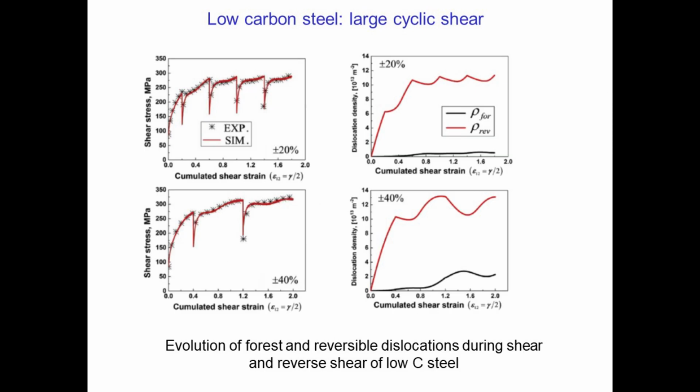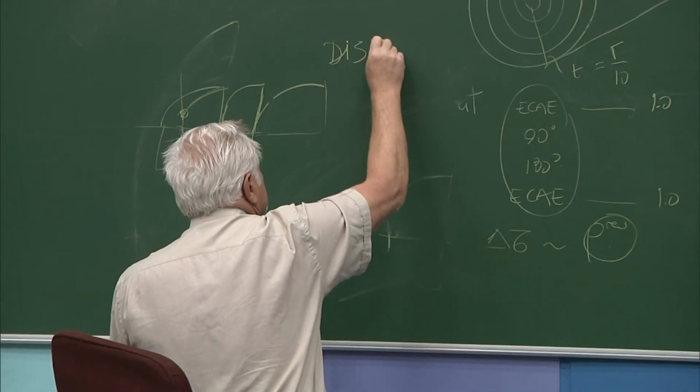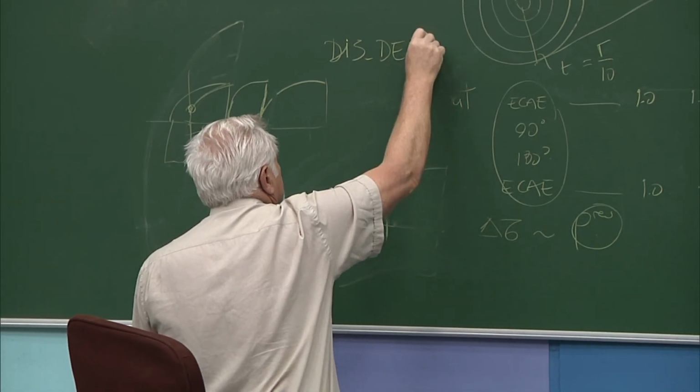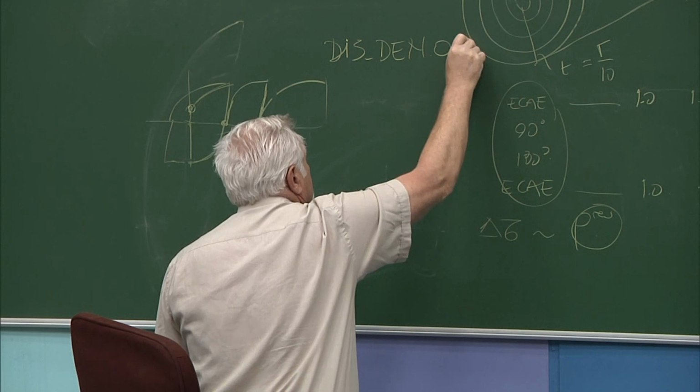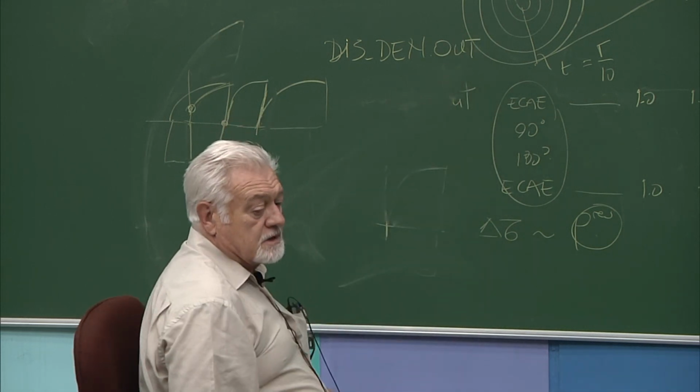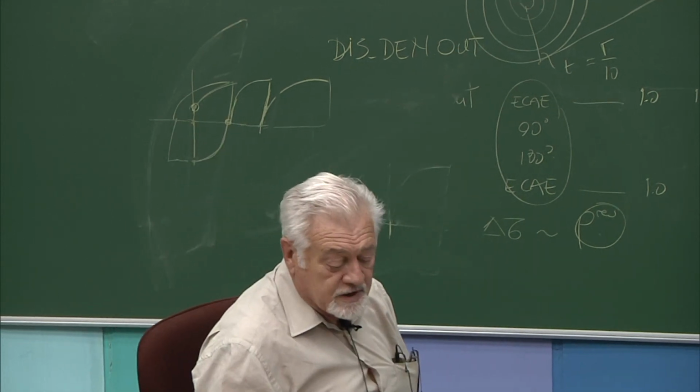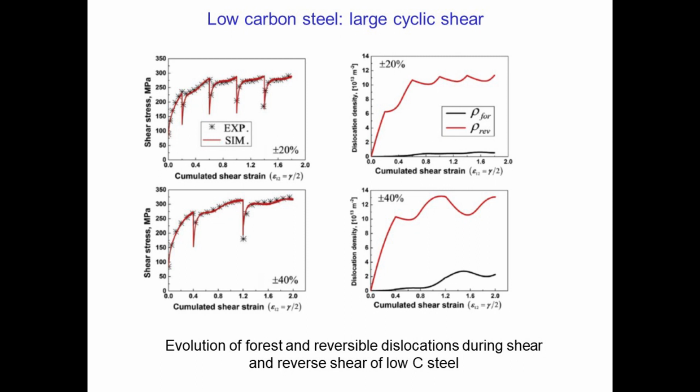So this is what is happening now with the dislocation densities. You can also follow the dislocation densities. There is an output file called dislocation density.out, and you can follow that. What is happening is the reversible dislocations are really the ones that are most active in this test.